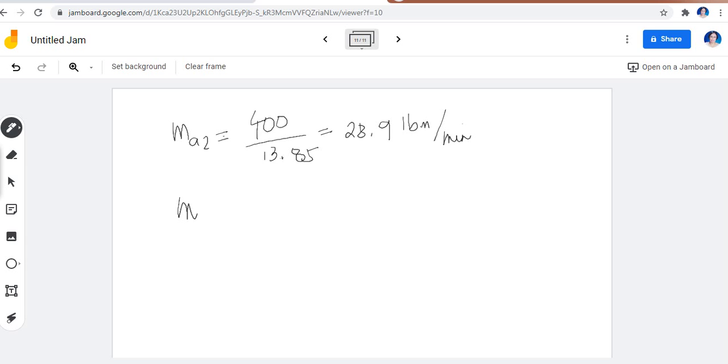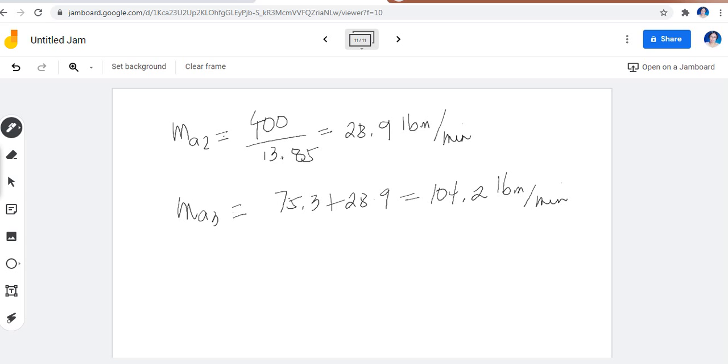So the total mass of the mixed stream will be the sum of the two, the 75.3 and the 28.9, giving you 104.2, also having unit pound mass per minute.